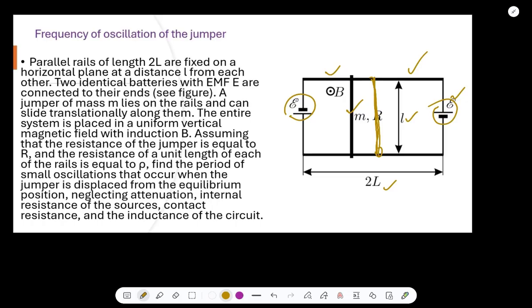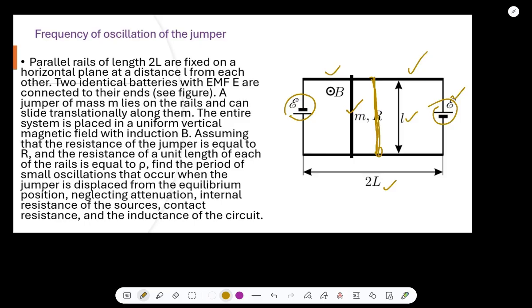I know this phenomenon often, and I also know that the part of the force is proportional to the speed of the jumper, and therefore is an analog of viscous friction, force of viscosity. So how is simple harmonic motion possible?